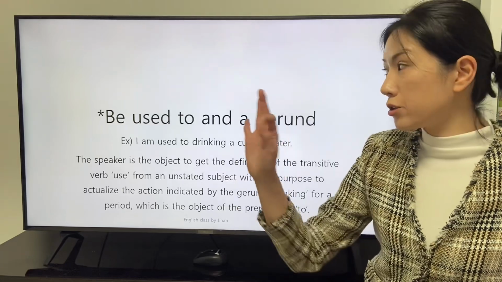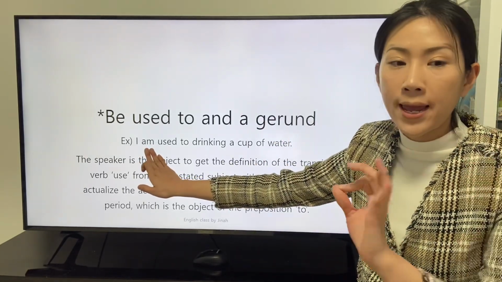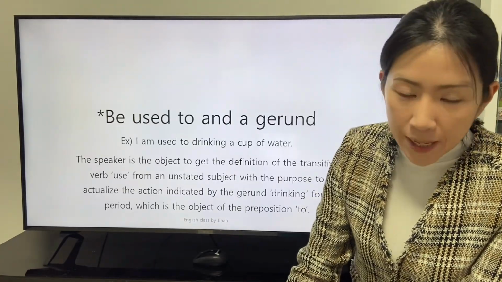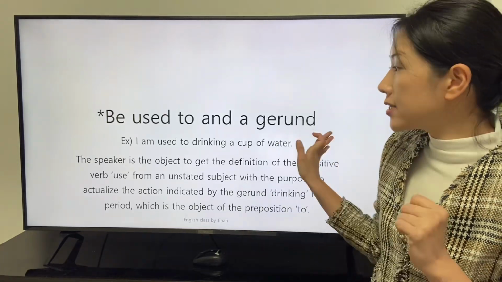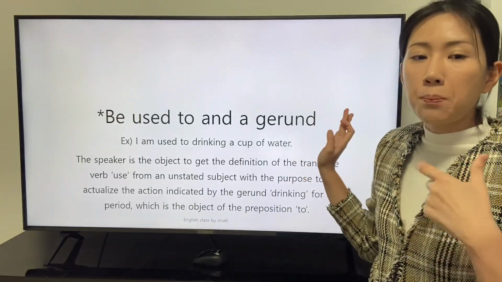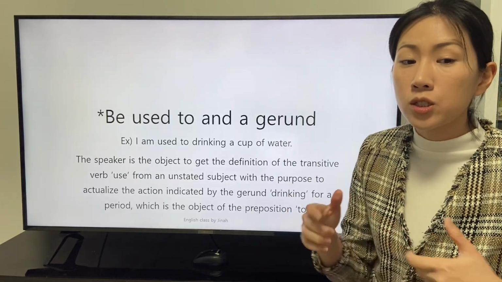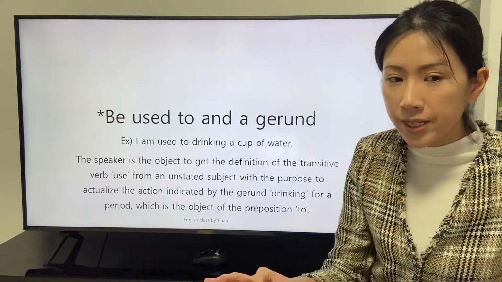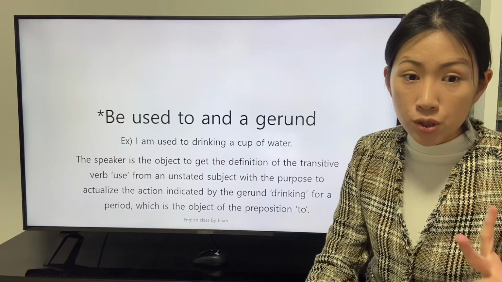Let's take a closer look at the definition of the be-verb am. The speaker is the object getting the action of the transitive verb use from an unstated subject, with the purpose to actualize the action indicated by the gerund drinking for a period, which is the object of the preposition to.